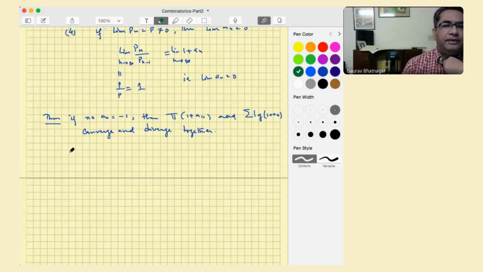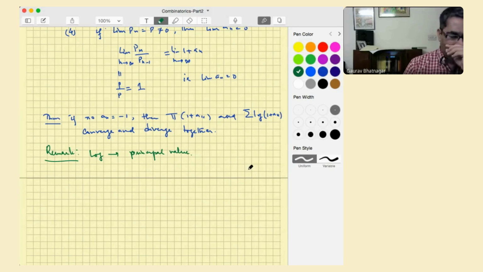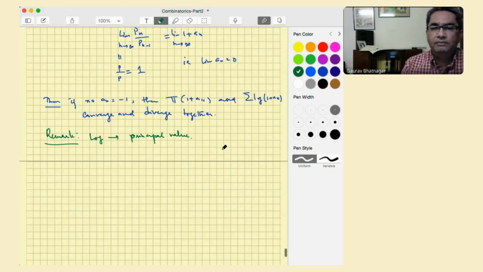So this log means the principal value, because we are taking complex numbers. Most of you have taken log, you must have discussed it in Preetham's class, right?